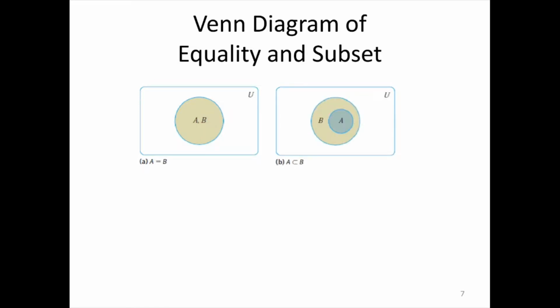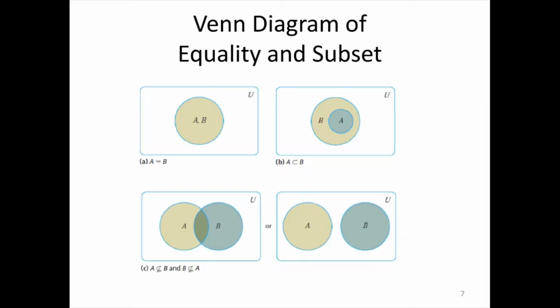Now we have what we call a proper subset. Remember here that there is no equality sign, which means A is a subset of B, but A is not equal to B. So every element of A is inside B, but A is not equal to B, and both of them are also subsets of the universal set.